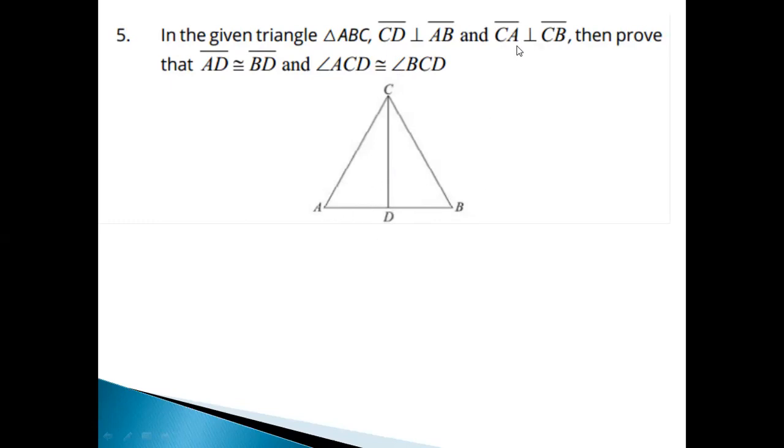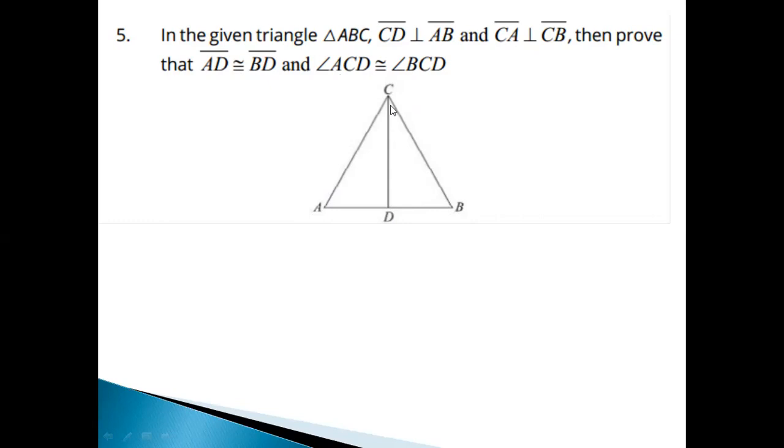And CA, this one, is perpendicular to BC. Then prove that AD is congruent to BD, meaning this distance AD is equal to this distance BD, and angle ACD, this part, is congruent to angle BCD.